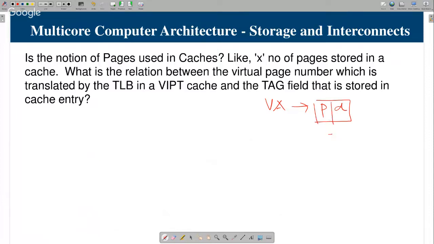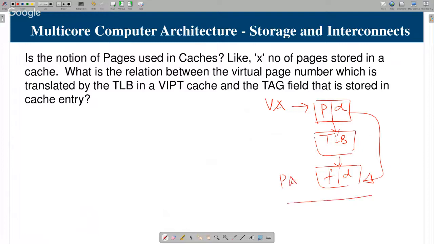With the help of the TLB, we translate this into a frame and offset. The same offset is used. Once you get the physical address, you divide it into tag, index, and offset. So the question is, what is the relation between the virtual page number, translated by the TLB in a VIPT cache, and the tag field stored in a cache entry?